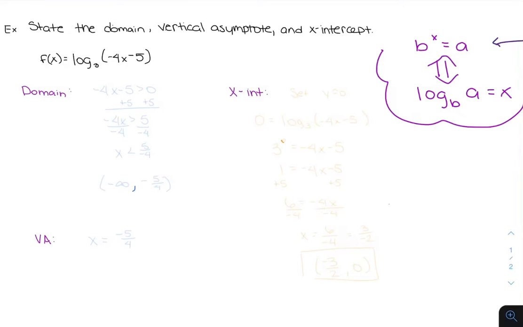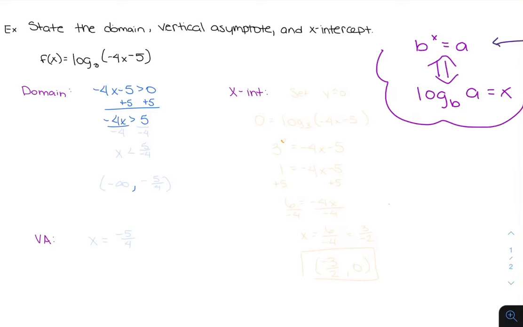So remember that to state the domain, all we have to do is look at the inside of the function. We want to set that greater than 0. So we can take -4x minus 5 and set this greater than 0, and we just solve for x. Solving for x, we can add 5 to both sides, and then what we're left with is -4x greater than 5.